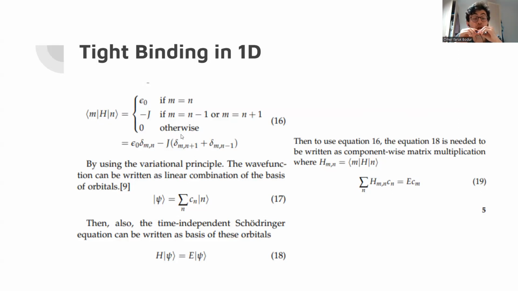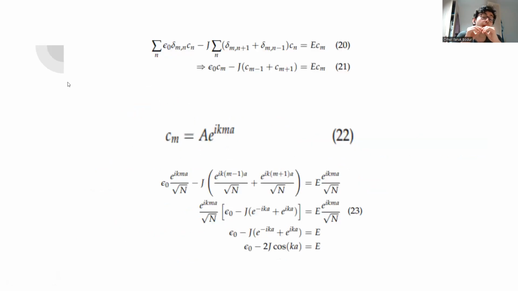By using the variation principle, the wave function can be written as a linear combination of the basis orbitals, and these orbitals are orthonormal. Then the time-independent Schrödinger equation can be written in the basis of these orbitals. To use this equation, we have to write it as a component-wise matrix. And when we plug in values, we get the following.